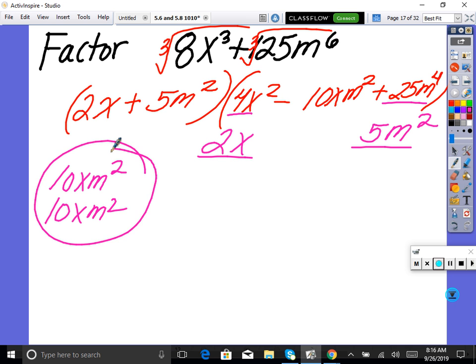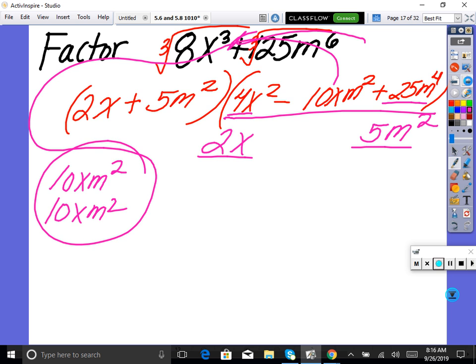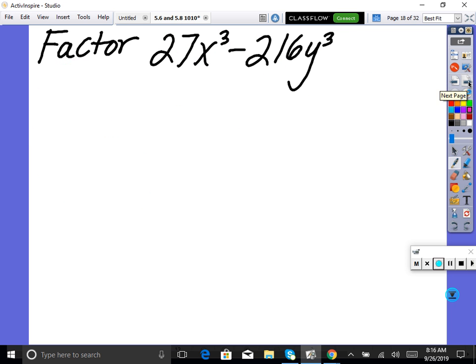Does that add up to be the middle? 20. Shouldn't it be 20 in the middle if it was going to factor? You guys see? So that trick does not work. Now, like I stressed, the quadratic within the cubic will never factor. But I just wanted to point out there really are some that have perfect squares on the end that don't end up factoring. Does that make sense? Our trick. Okay, great. I think we get the picture of that one.